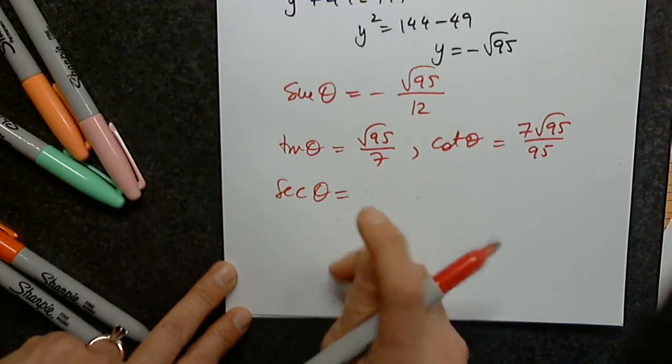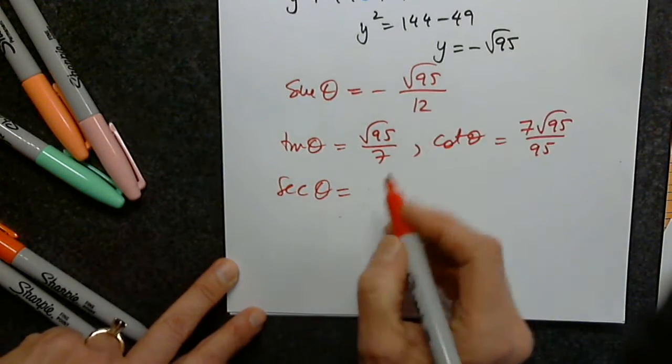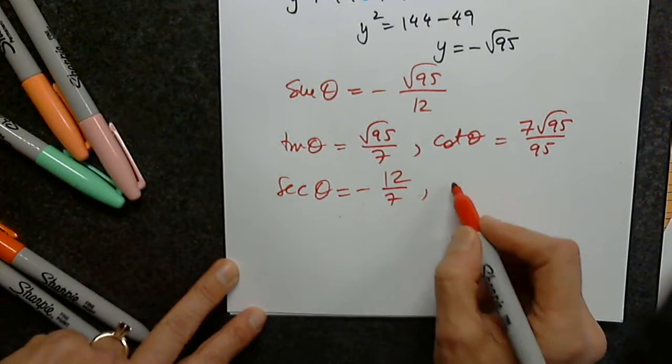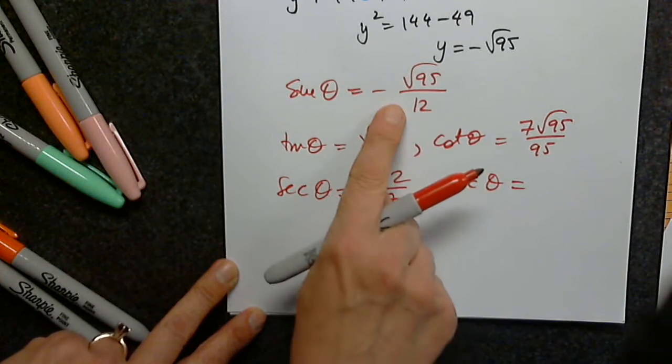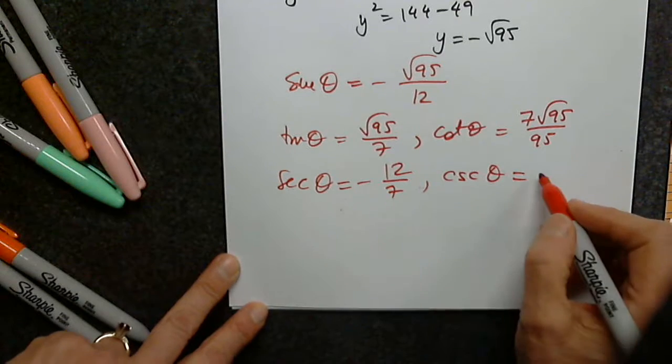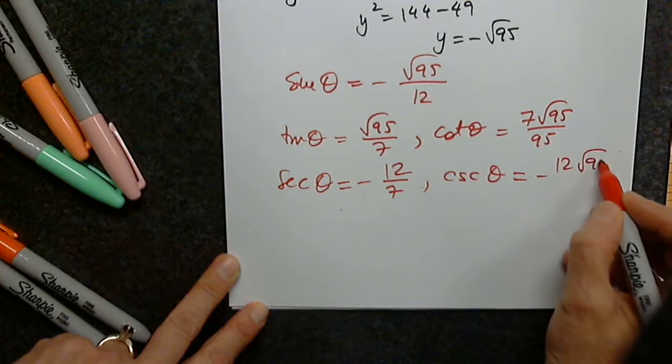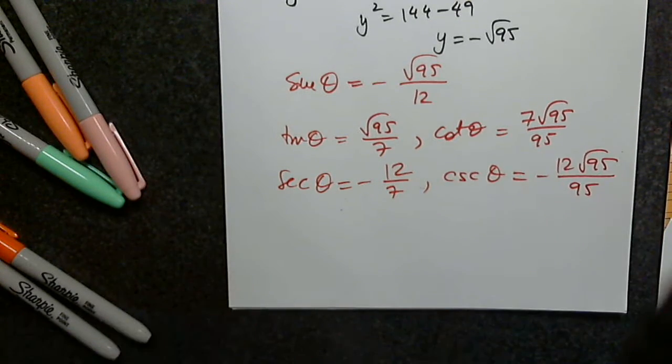Secant will be 1 over this, so this is -12 over 7. And cosecant is 1 over this and rationalized, so -12 square root of 95 over 95. Yes, this is straightforward. We don't need those three identities, but they are extremely useful and we're going to use them all the time.